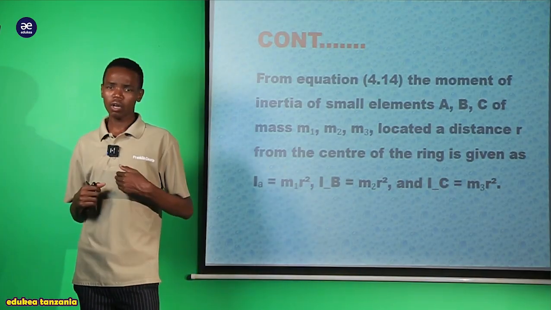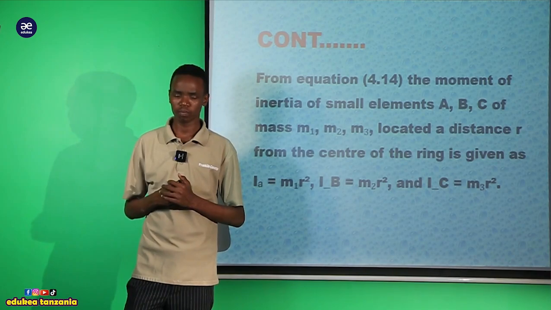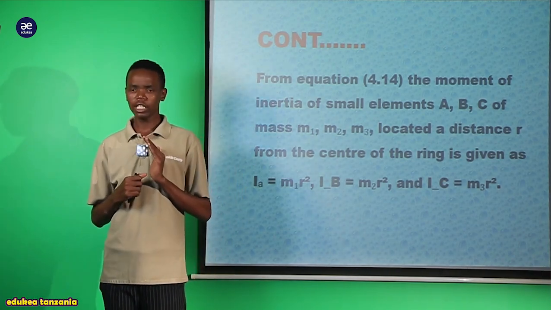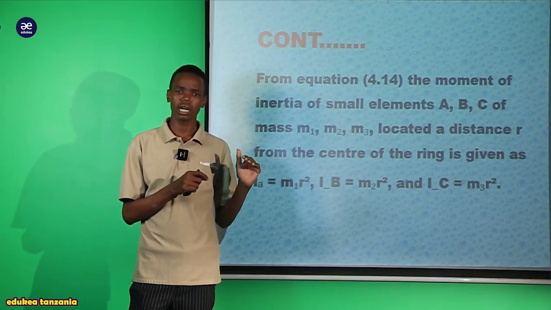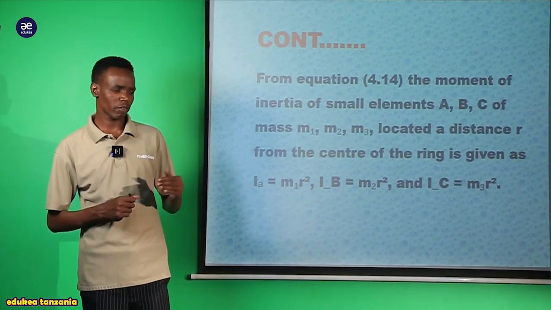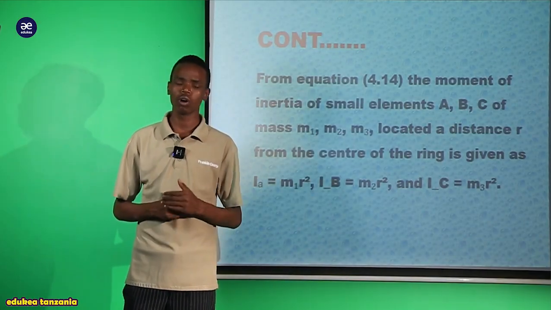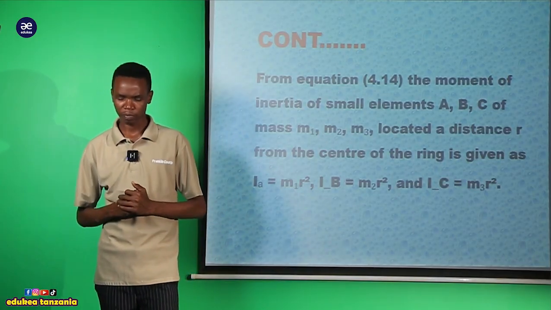So how can we obtain the moment of inertia through these points? The moment of inertia here is obtained by considering each point. It means that we should focus on point A, point B, and also point C, so as to demonstrate the moment of inertia.